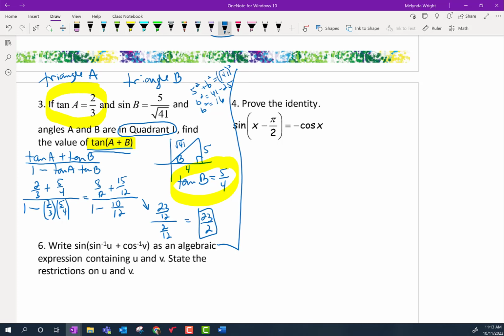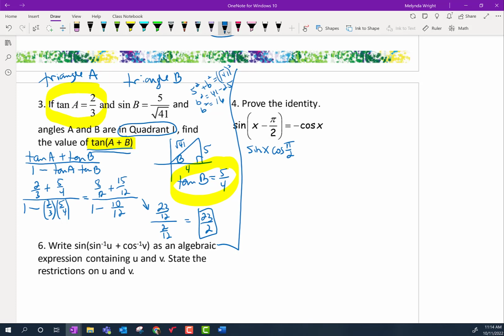All right, so now let's do this proof. Let's work on the left side. That looks way more complicated. And this would be a sine subtraction property. Let's remember sine subtraction. Sine is the nice one. Remember, sine shares. So sine of x cosine of pi over 2.